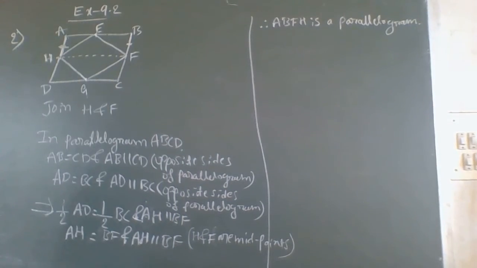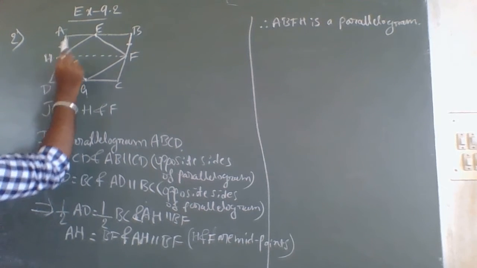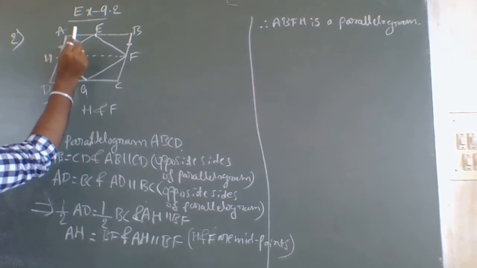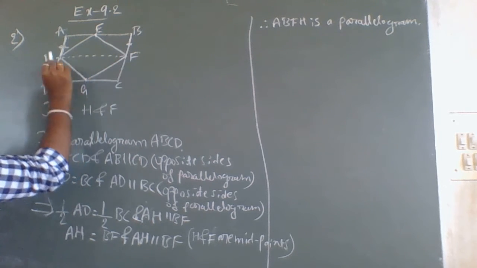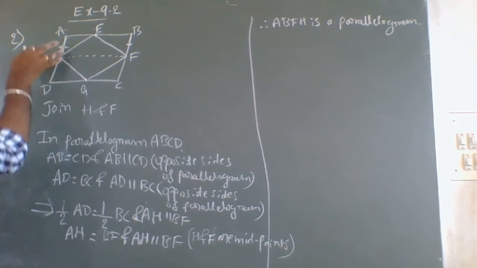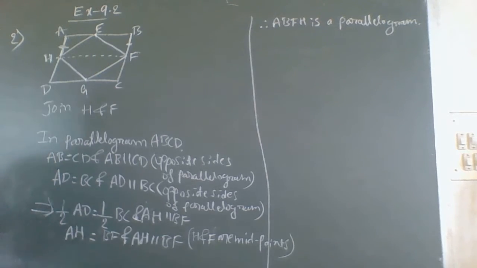So now this triangle HEF and this parallelogram ABFH are on the same base HF and between the same parallel lines AB and HF.